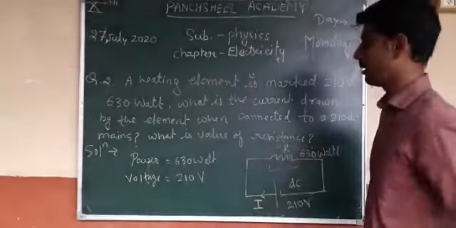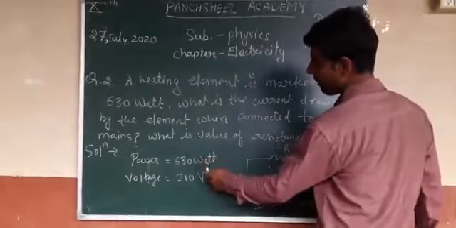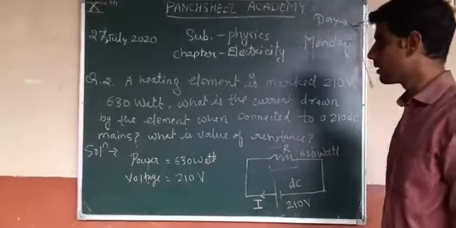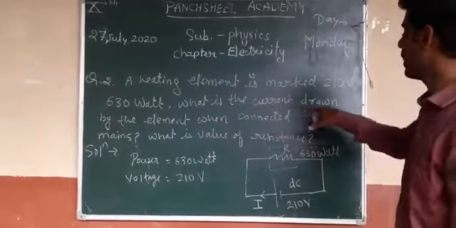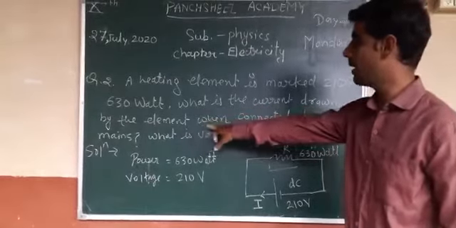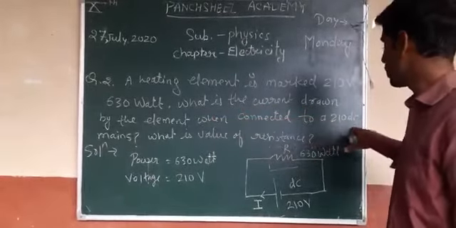This is power, and this is voltage. So what is the current drawn by the element when connected to the 210 volt DC?